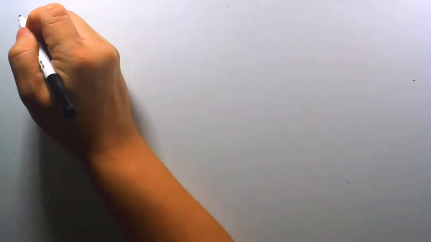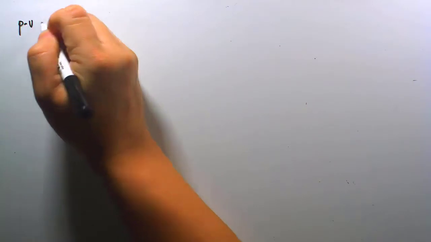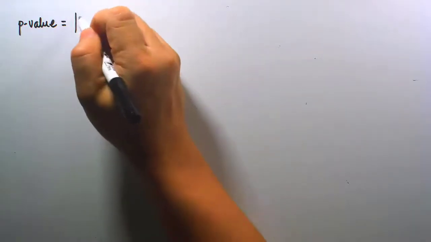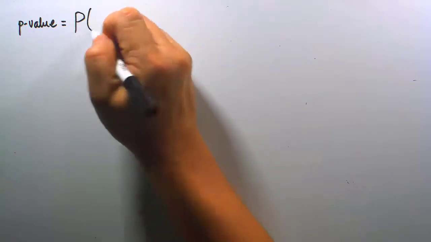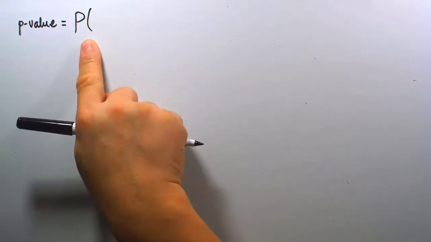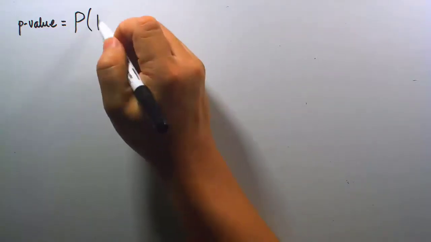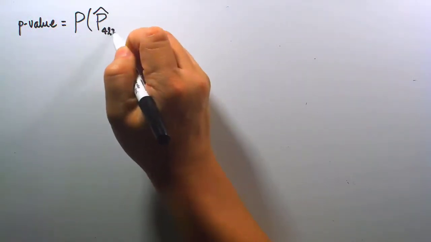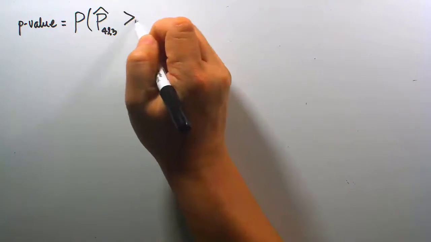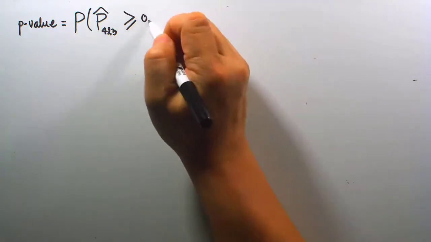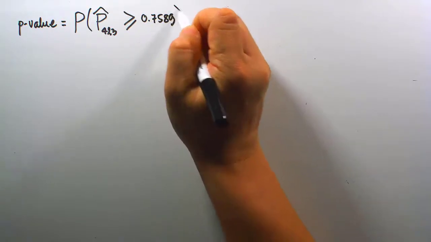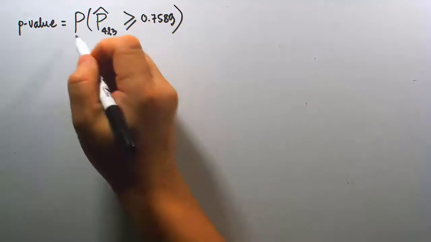And now our p-value is calculated as the setup, finding the probability where we can find a sample proportion at size 423 being greater than or equal to 0.7589.